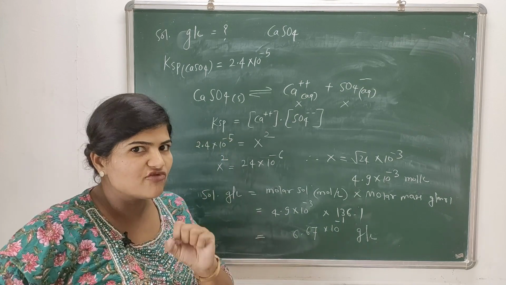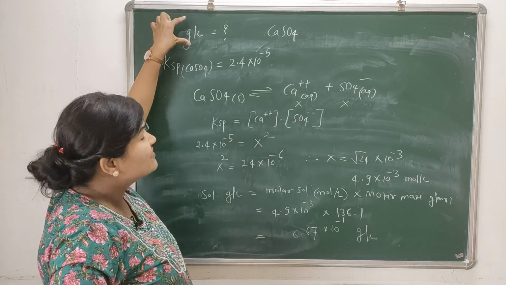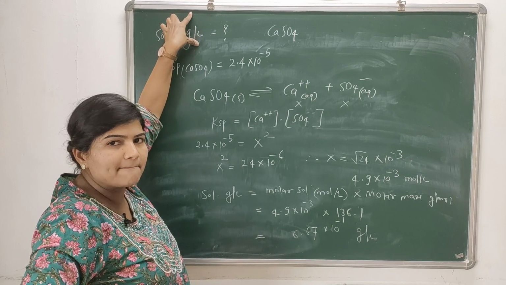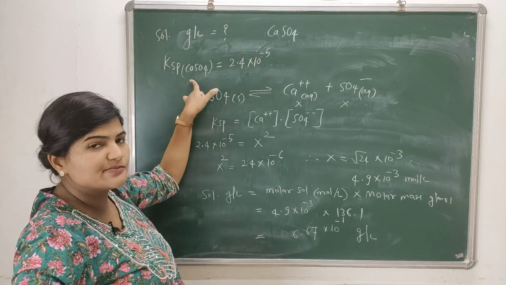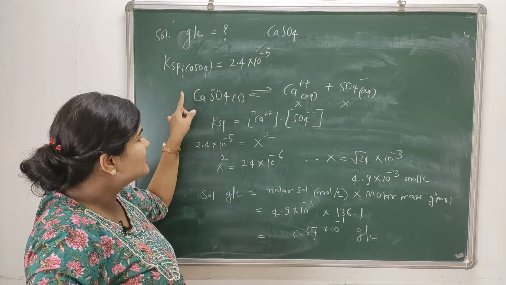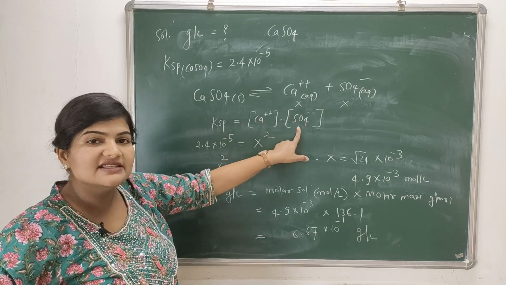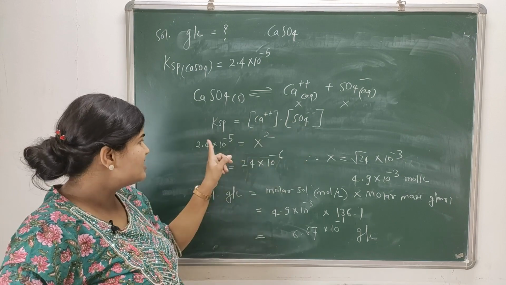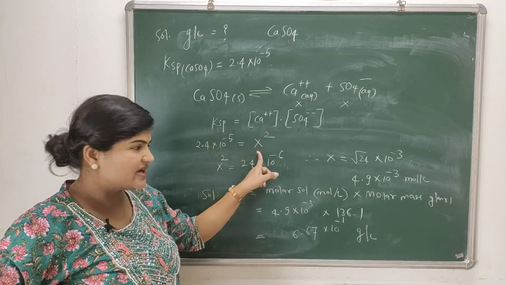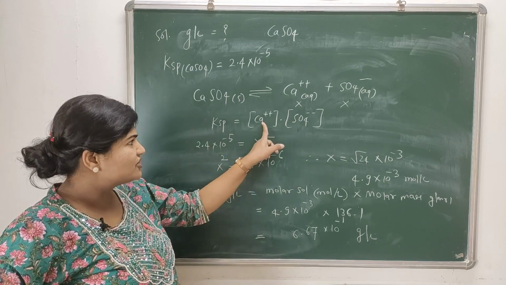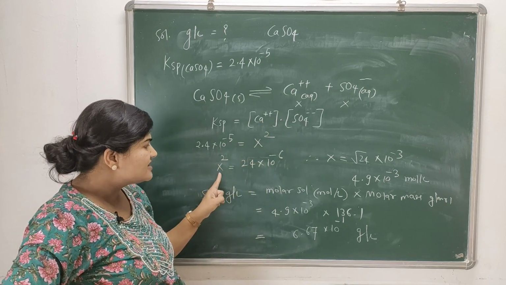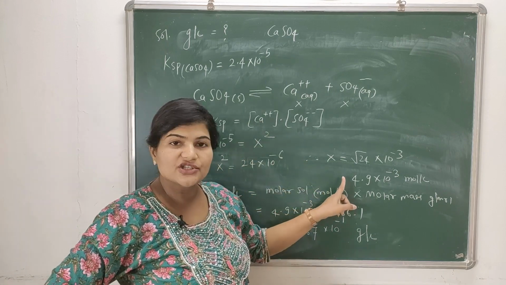So just observe what we have done. We want to figure out the solubility in gram per liter for this salt whose Ksp is given. Now what is Ksp? Ionic product. Now ions are formed in the same quantity, so I have taken Ksp is equal to x square. X is my molar solubility for this as well as this. Now the x value I have figured out, which is molar solubility.